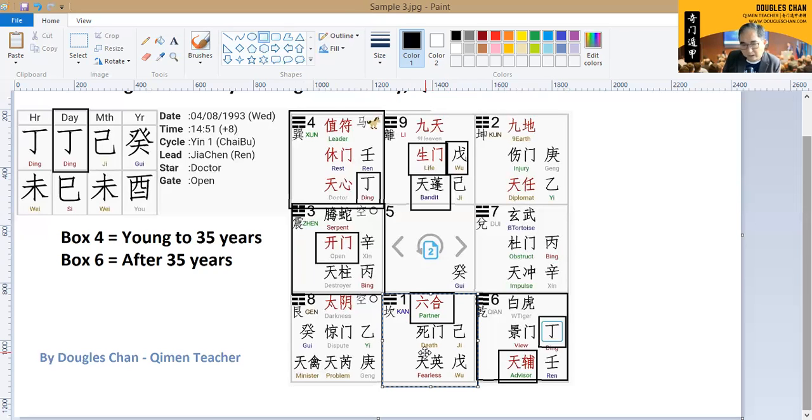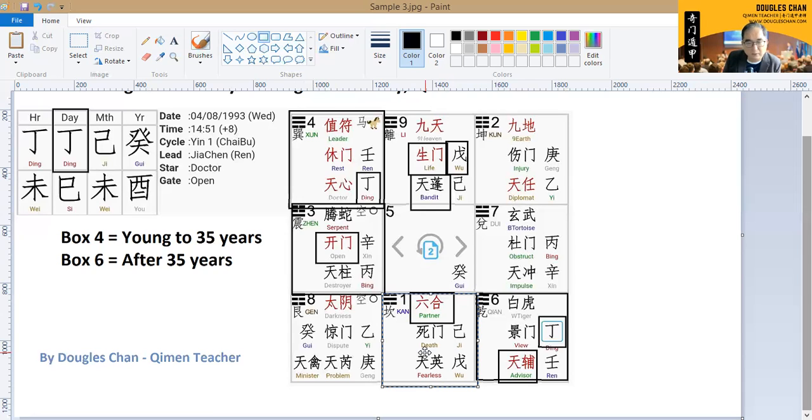Which means that the energy of his relationship with the spouse is not good. So he will feel that his relationship with the spouse will be pretty dead, pretty lifeless. There's no energy. So even if this person were to get married, the relationship will not be so fantastic at all. Okay, so that's what we can see basing on the chart itself.